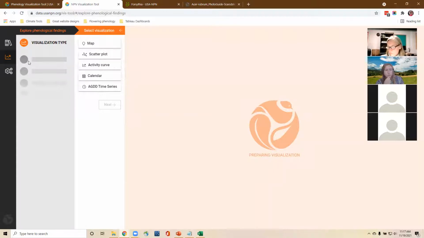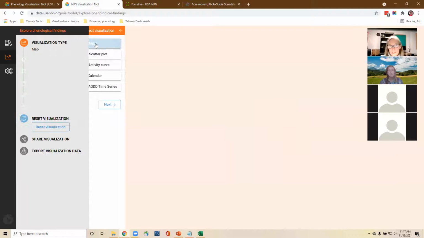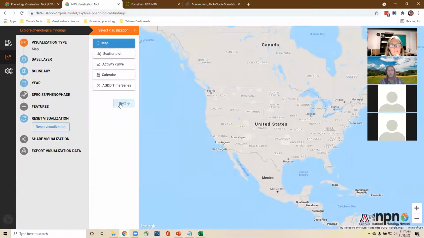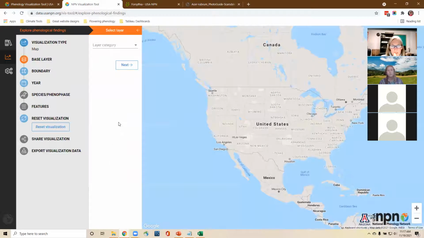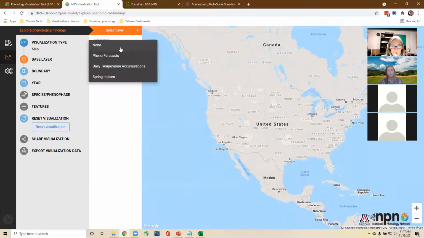So once you get to the Data Explorer, first you have to choose which type of visualization you want. You can start with the map to just get an idea of where the observations are coming in from. So pick a map. You don't have to pick a base layer to add to the map.